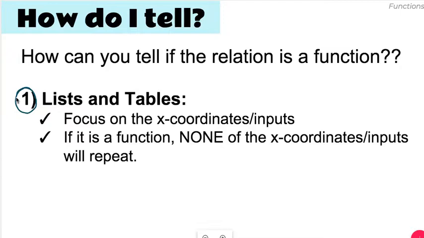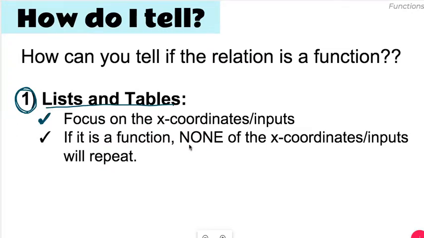So number 1, lists and tables. If you're given a list of numbers or a table, 2 things you're going to do. First thing, you're going to focus on the x coordinates or the input. So those are the only numbers you're going to look at.